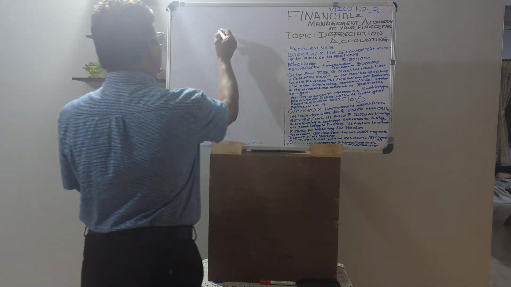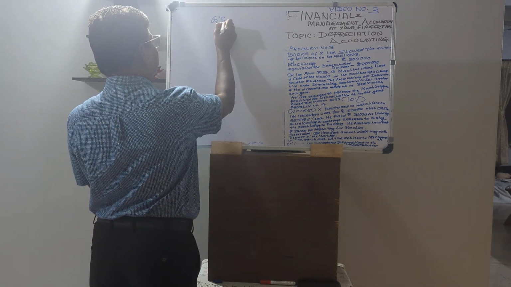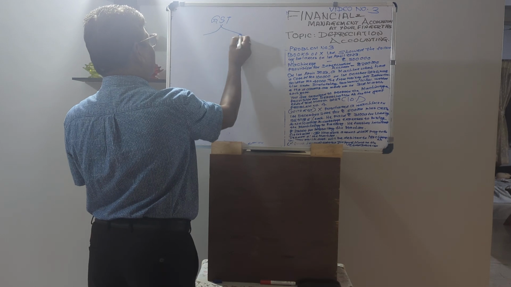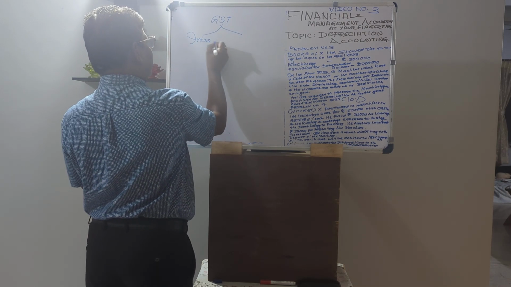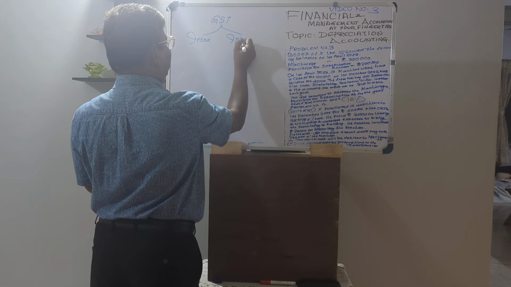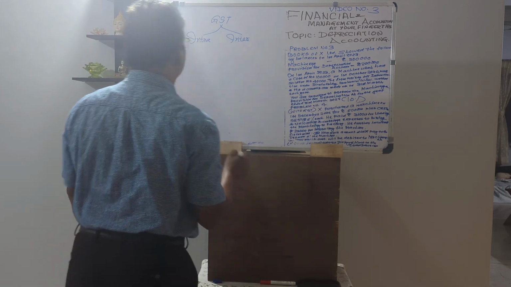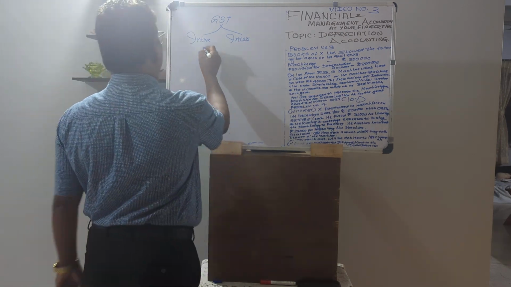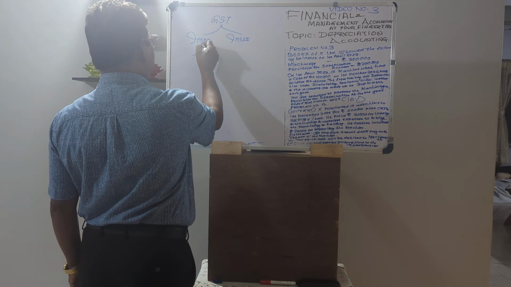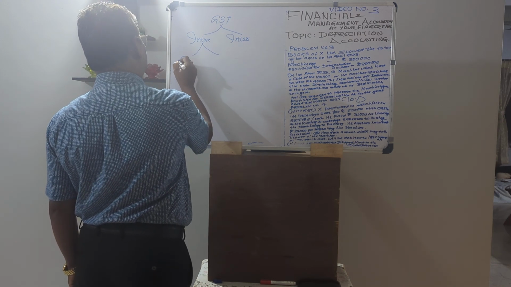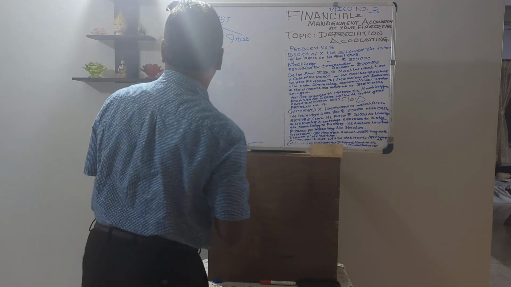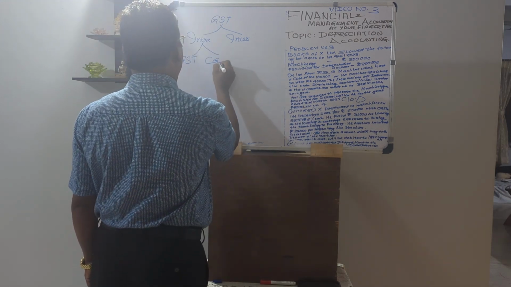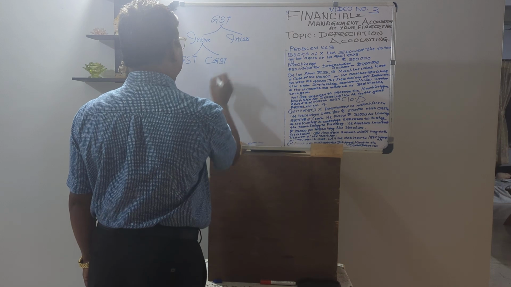GST may be of two types, that is, one is intra-state GST, another is inter-state GST. In case of intra-state GST, the GST is of two types. One is SGST, state goods and services tax, then central CGST.